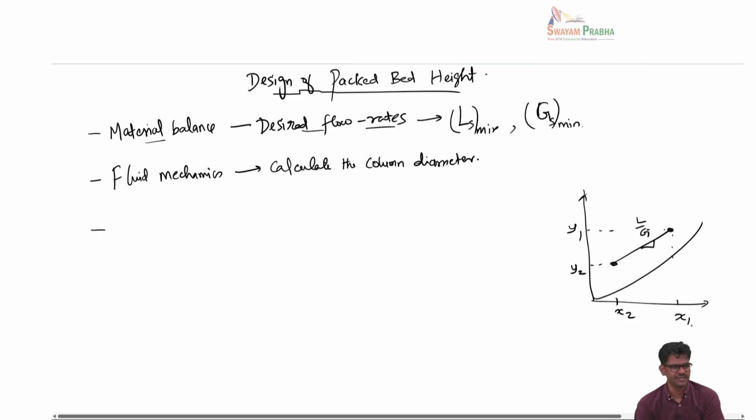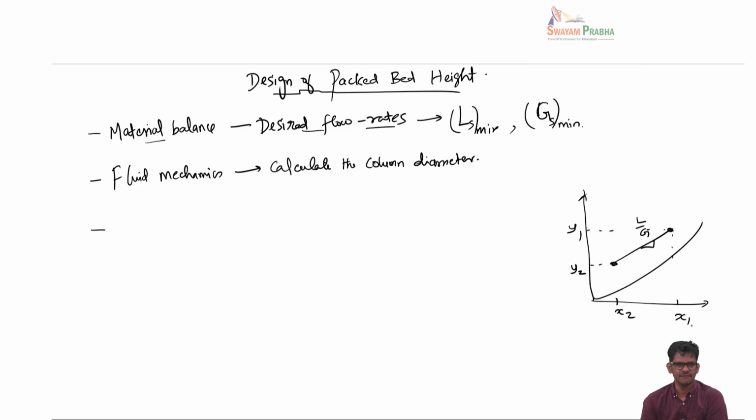So when we do this material balance, we calculate the desired flow rates. What we have implicitly assumed in this process is that the packed bed column has a sufficient height to achieve this particular mass transfer operation. Okay, so there is an implicit assumption that was made.